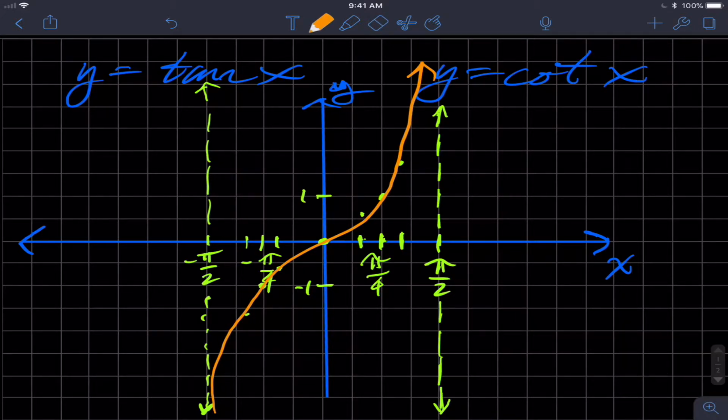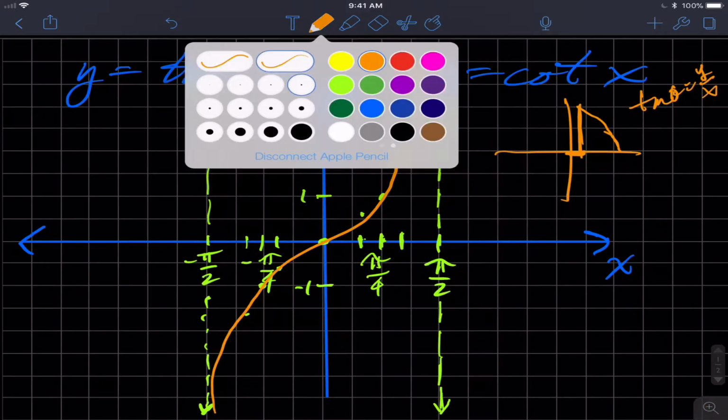What happens is that as we travel around the unit circle, we're at 0, going towards pi over 2. As we get closer to pi over 2, note that the tangent of an angle is y over x, so here the y value is very, very large divided by a very, very small x value.